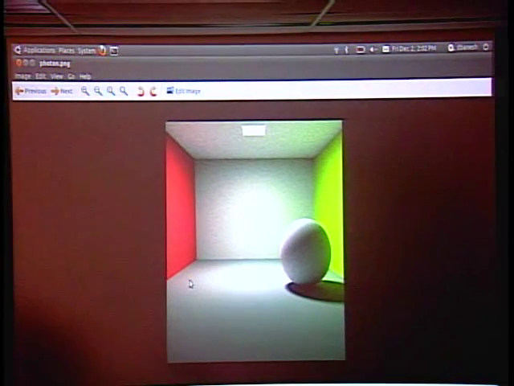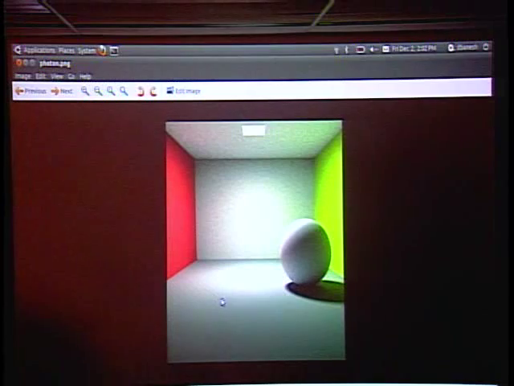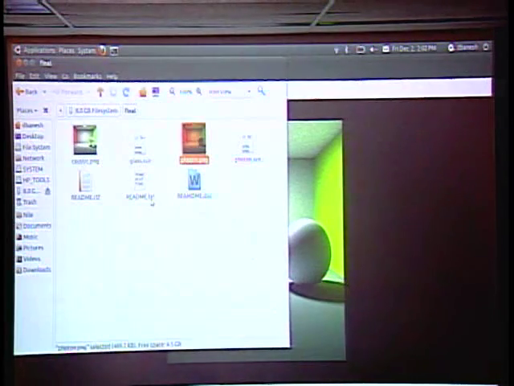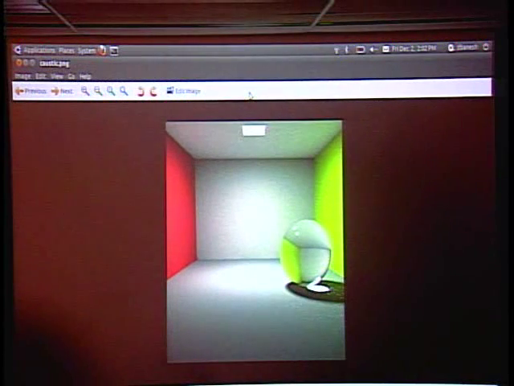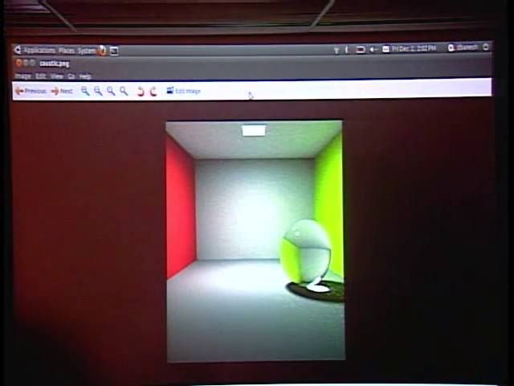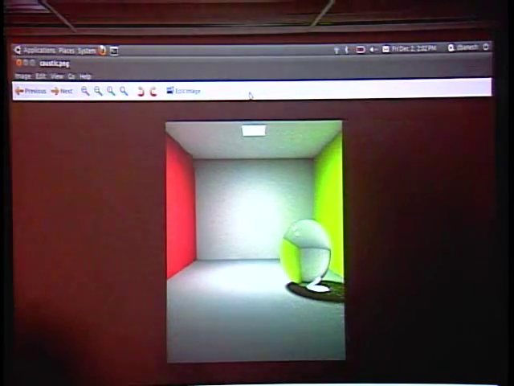This used like 300,000 photons. I also did glass surfaces and caustics. I'm sorry the caustics kind of washed out. I think they were a little too bright. But yeah, glass, caustics. All right, that's it.